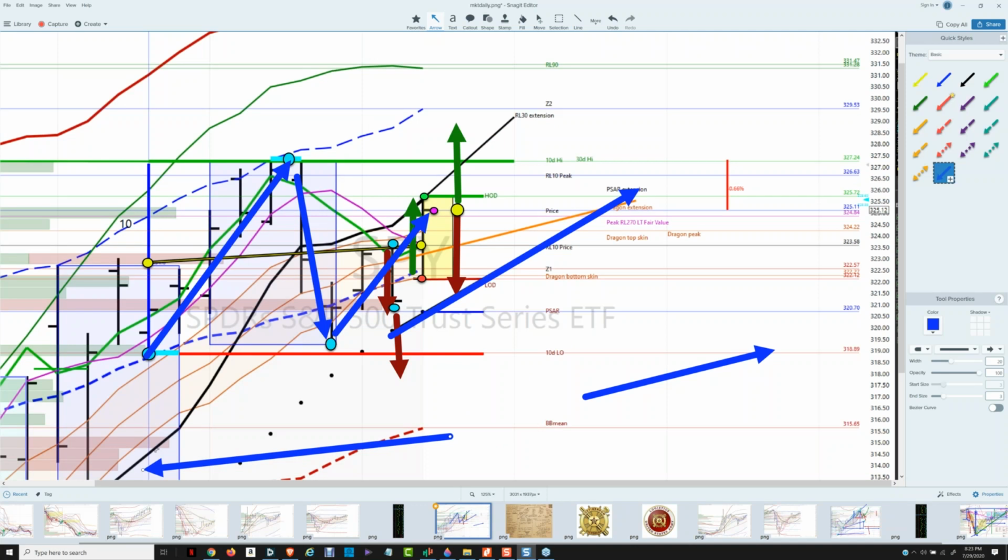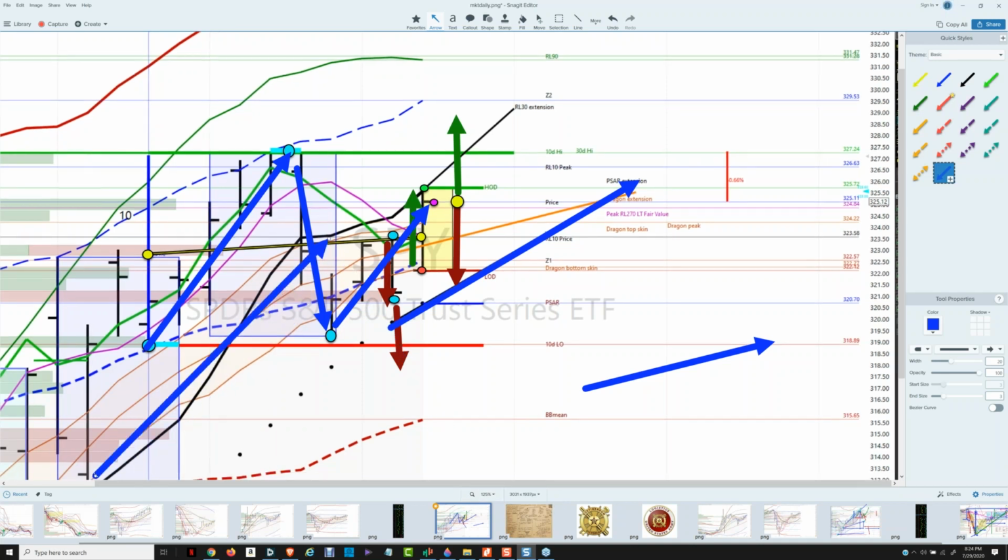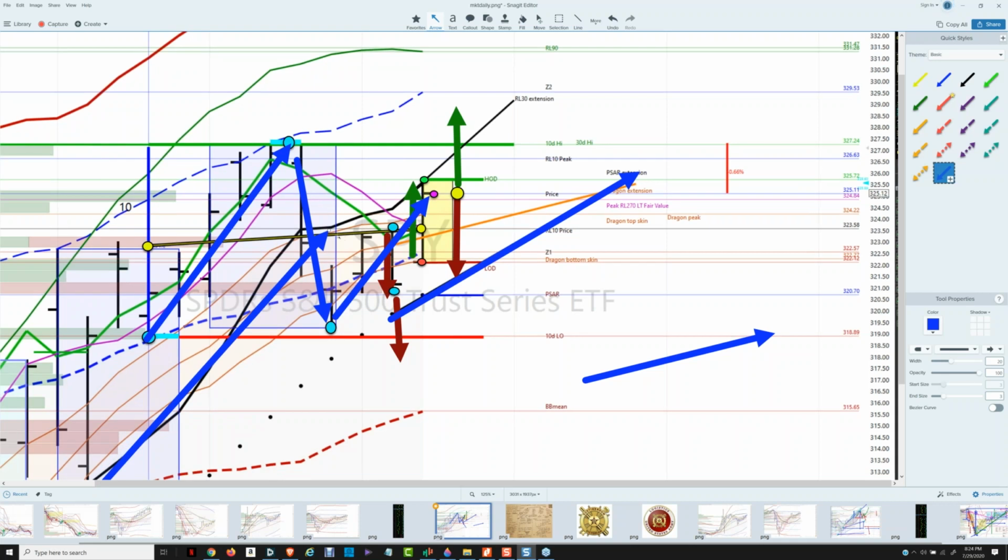The RL30 comes in, stalls a little bit here, and then it never even gets negative. This price action in here has triggered a steeply upward slope, and that's very good. So if we were just going to draw that as a straight line from here all the way up to that RL30 extension, that looks good.